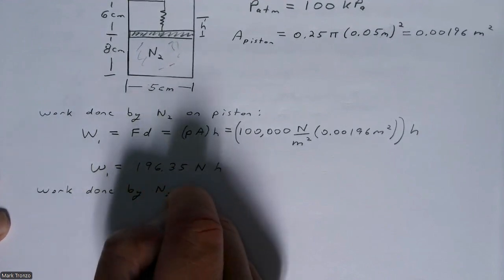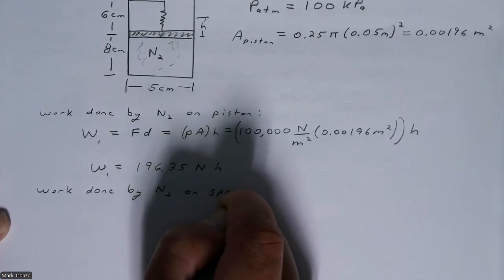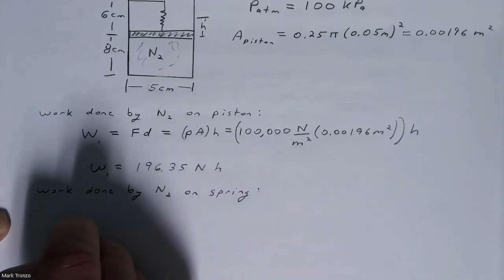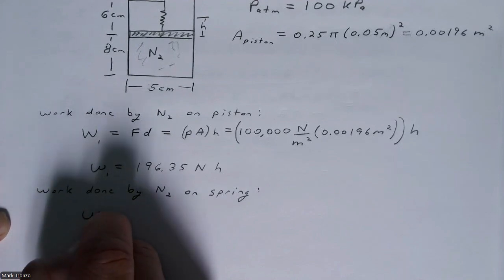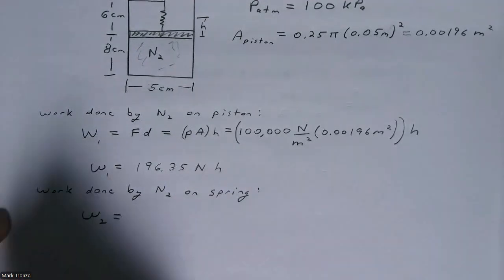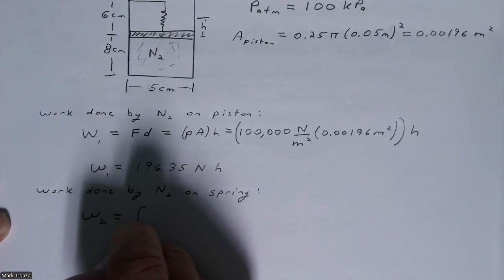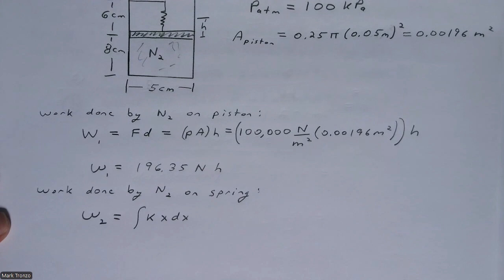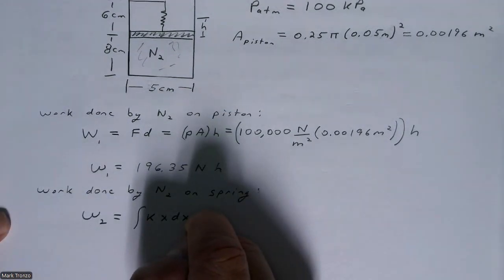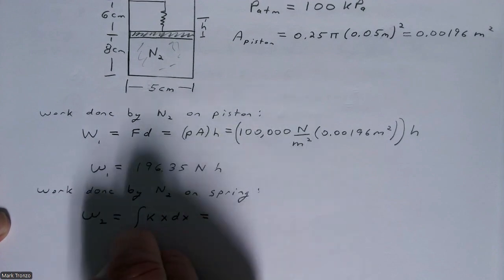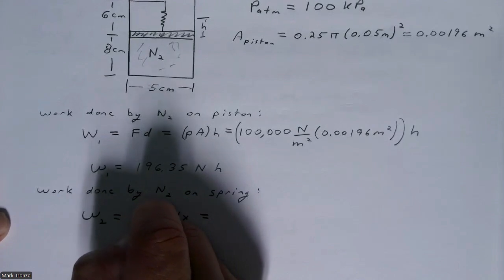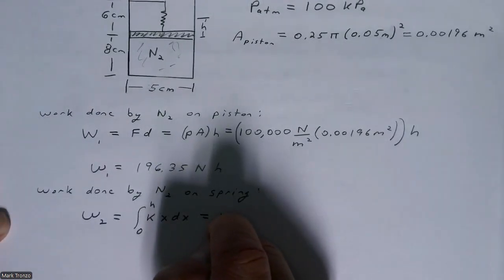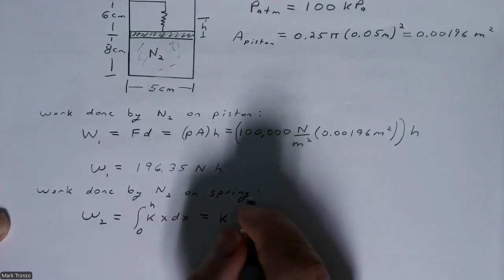by the nitrogen on the spring. Let me just call this W2. Now, keep in mind that when you're doing work on springs, it's going to be the integral of k times x dx. In this case, when you integrate this, we're going to go from 0 to some height h. k is a constant, so we can pull that out.